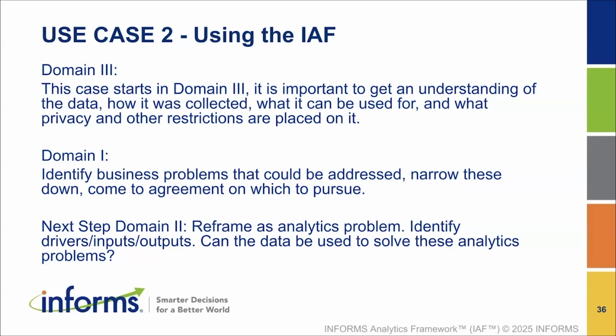In this domain, you're engaging stakeholders. You're meeting with court administrators, judges, the finance team, and community members or representatives, such as city councilors, to align on priorities. Then in Domain 2, you're translating the business problem into an analytics problem.